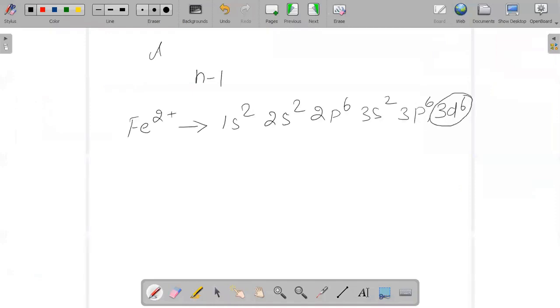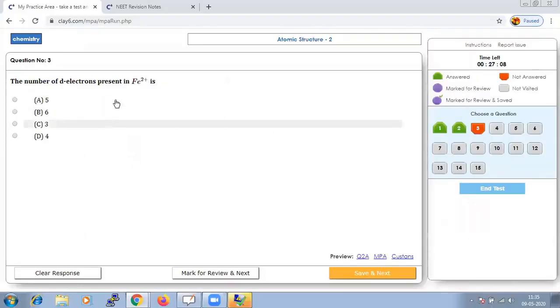So how many d electrons will be present? It should be your option B, that is 6. So you could do the electronic configuration and you could be able to predict the answer. Let us save that and go to next.